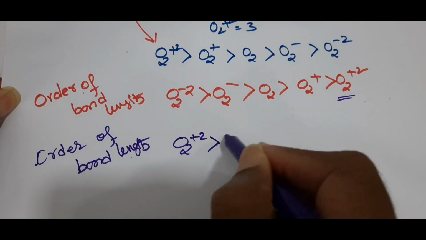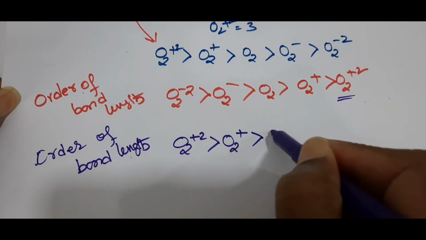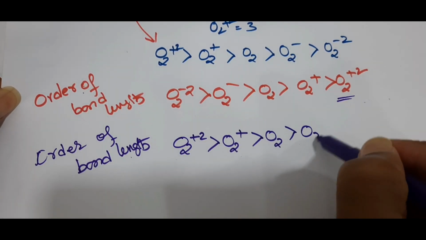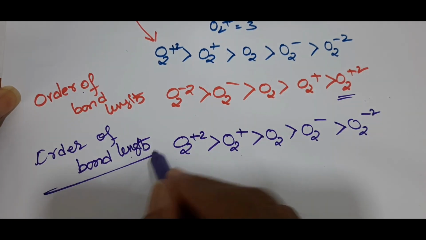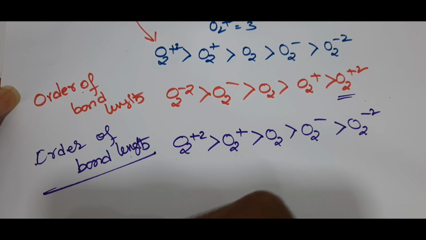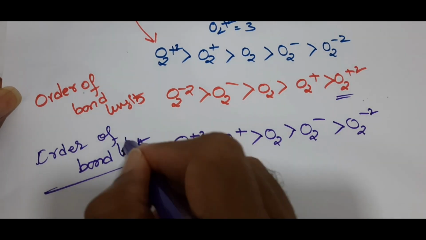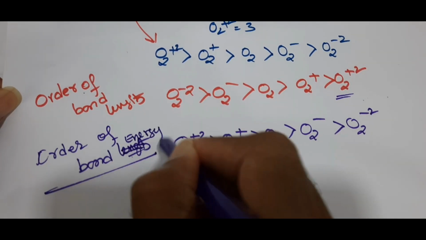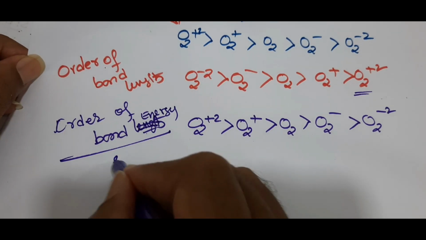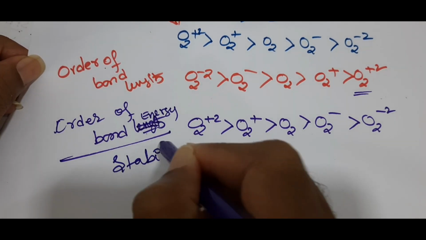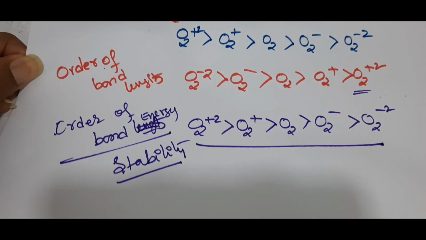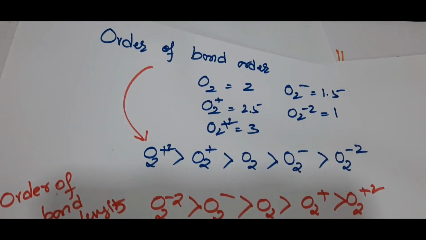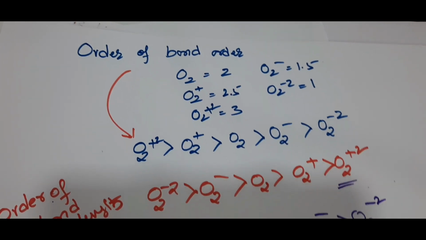O2 plus 2 greater than O2 plus, greater than O2, greater than O2 minus, greater than O2 minus 2. This is the order of bond energy. The more the bond energy, the more the stability. So the bond energy and stability order is this one. This is all about the explanation of different O2 molecules.